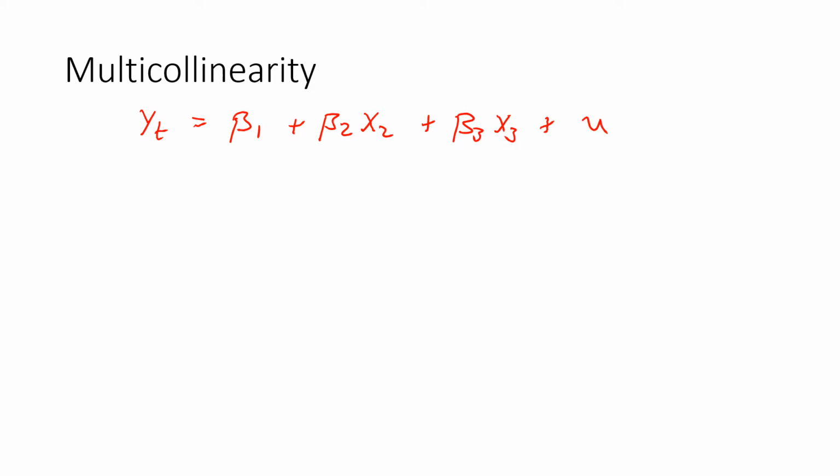So this is our typical ordinary least squares model. Now we may have sample values for x2 and x3.